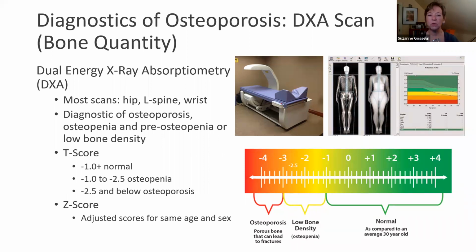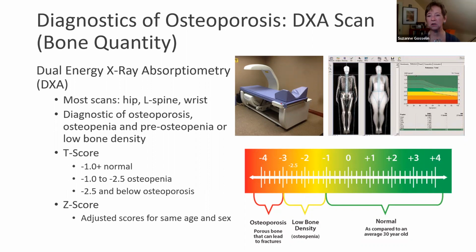And so the scoring system is, as you see here, if it's -1 plus, then that's considered normal. If it's -1 to -2.5, that's considered low bone density, which is labeled osteopenia. And I just want to remind everybody that osteopenia is not a diagnosis.